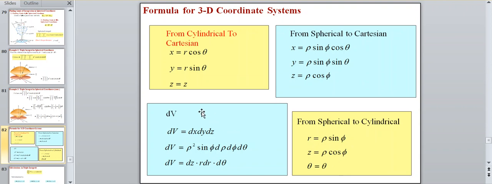But the main point here is that you should not forget that dV in Cartesian is dx dy dz. In spherical it is rho squared sine phi d rho d phi d theta, and in cylindrical it is dz r dr d theta, which is equal to r dz dr d theta. Do not forget about these things.